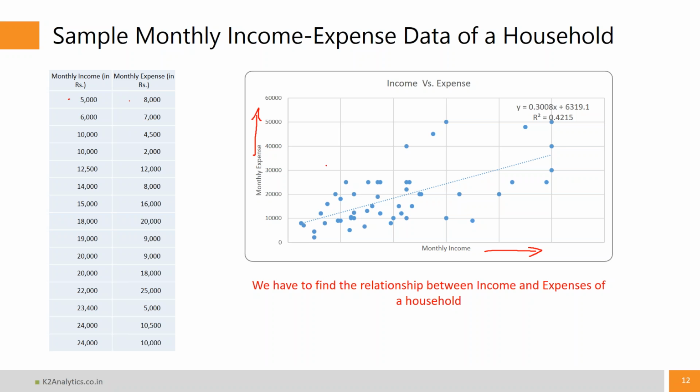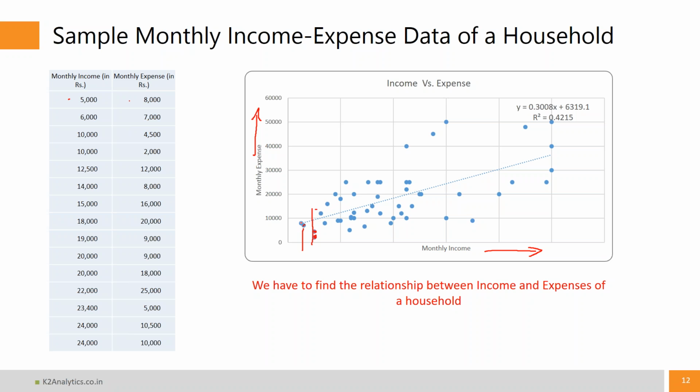Okay. So here I am trying to show that relationship, and it shows that for a given income level, there is one family whose expense is this much and another family whose expense is this much. Whereas there is another family whose income is lower but expense is still higher.